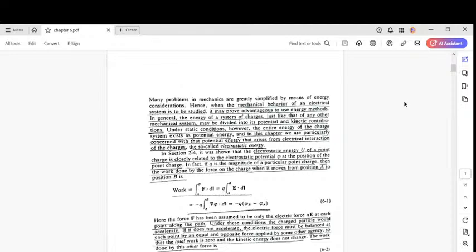Means when we want to discuss the energy of the charges, like any other mechanical system, we divide it into two categories. One is potential energy, and the second one is kinetic energy.